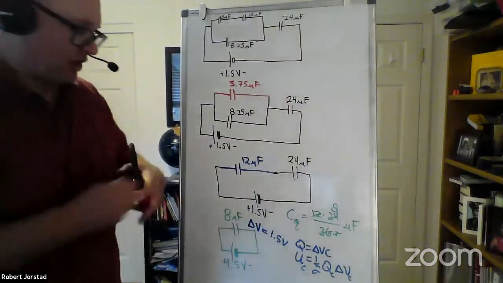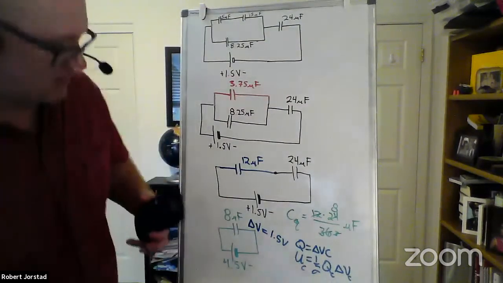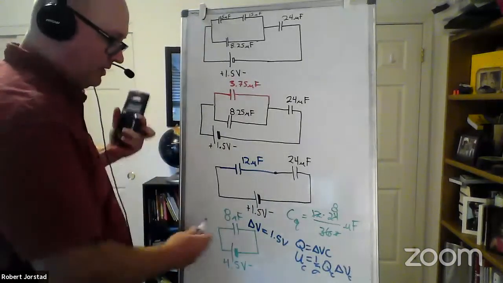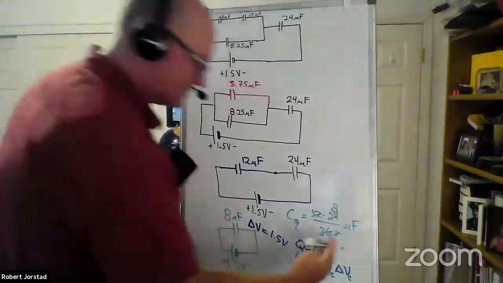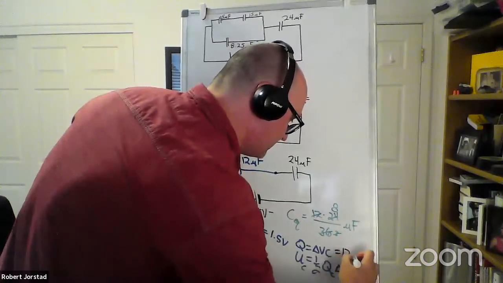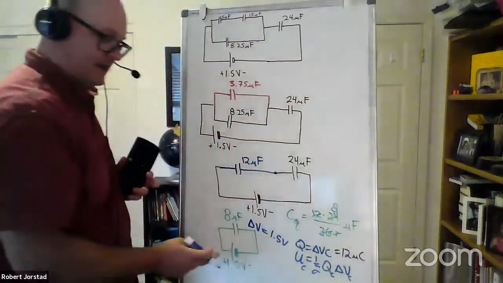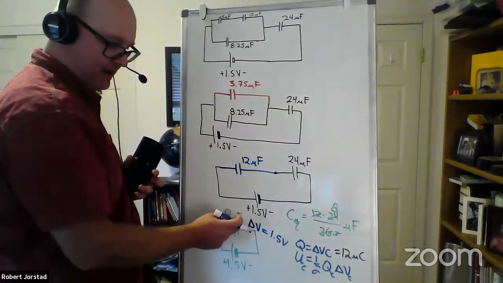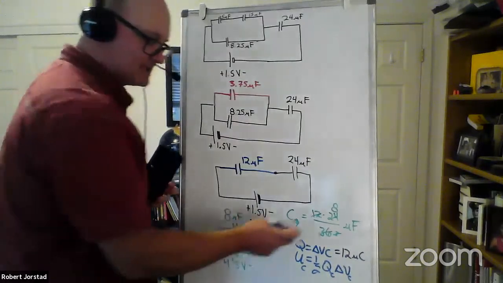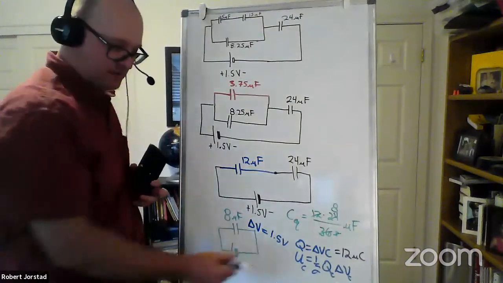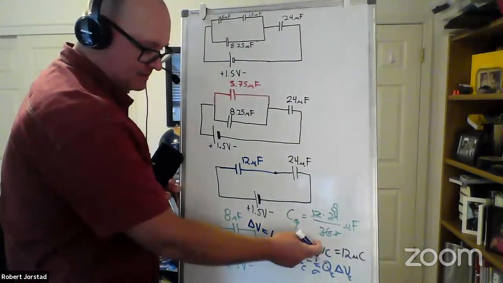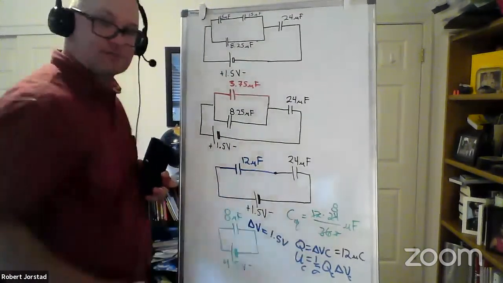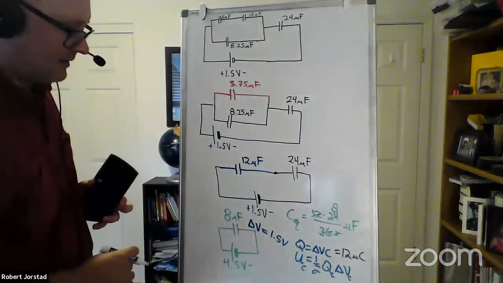So I know that the charge on this one is going to be 12 microcoulombs. How did I get that? 1.5 volts times a microfarad. A volt times a farad is a coulomb. How do I know that? Here's the equation. Volts times farads equal coulombs.